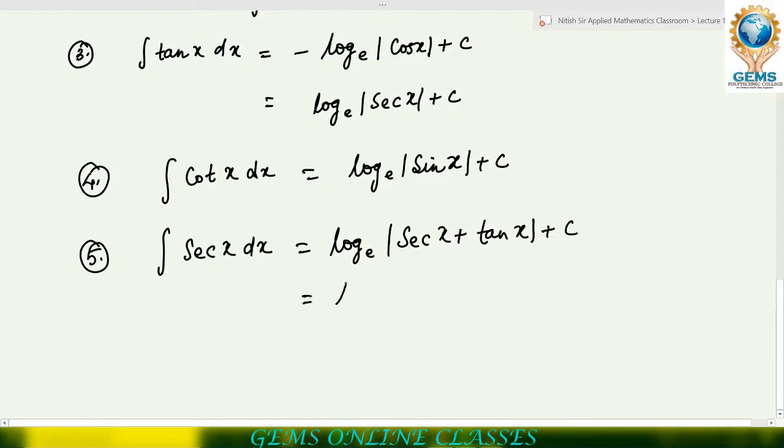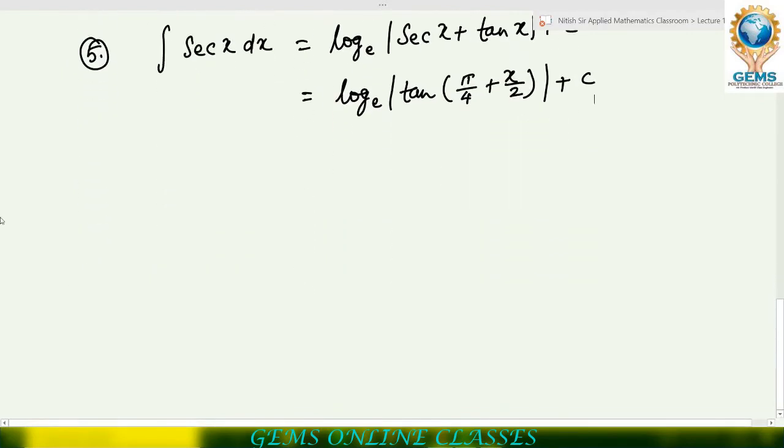That is log of e tan of pi by 4 plus x by 2 plus c. OK. Sixth one is similarly the same formula for integration of cosec x.